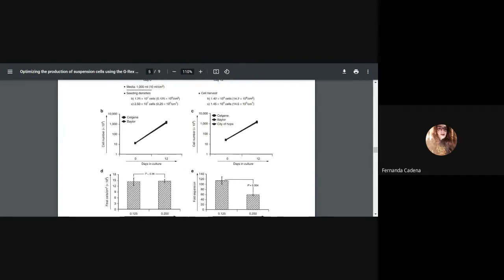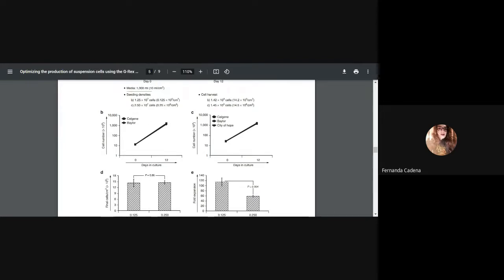In B, we can see the comparison between the cells obtained at 2 different investigation sites, the Baylor College of Medicine and a private company. They both used the same concentration densities and had the same results.